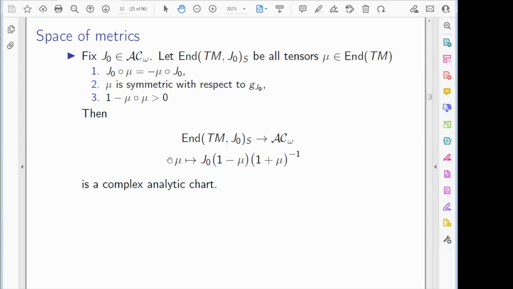And so then this mu, so this defines an almost complex structure, and if the almost complex structure is close enough to the original one, then this is given by a tensor mu. So this denotes the fixed almost complex structure giving the type decomposition.